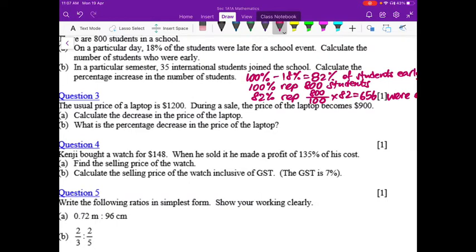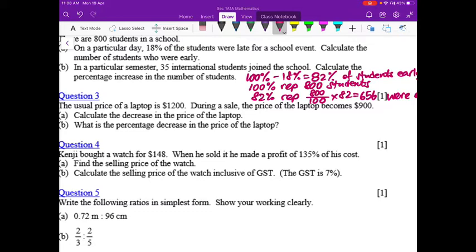So how many are there altogether now? Originally 800. 35 new students joined. So how many altogether now? 835, correct. And now they said, find the percentage increase.